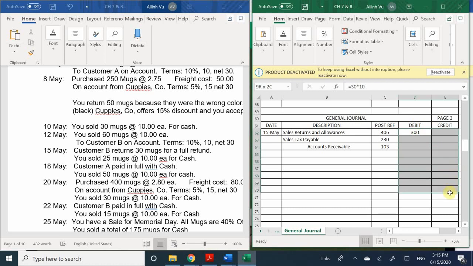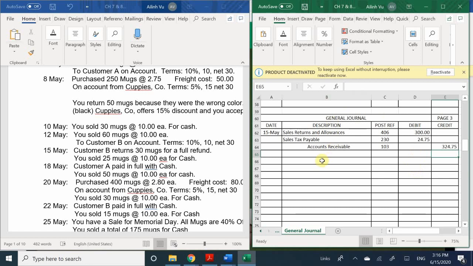And then what is the total tax on the $300? $24.75. Yes, 24.75. So therefore, we need to reduce his account by $324.75.